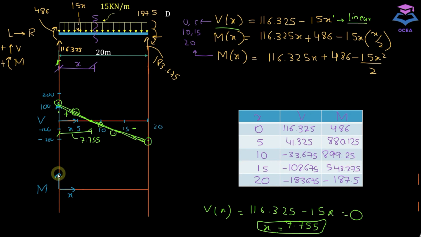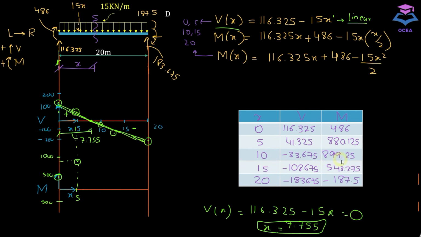The maximum value in the moment table is 899.25, so let's mark the y-axis according to this value. Let's say our 500 is here and our 1000 is somewhere here. Do we need to plot in negative? Yes. So at x equals 0, we have a moment equal to 486, which would be somewhere over here. At x equals 5, we have a moment value of 820.125.